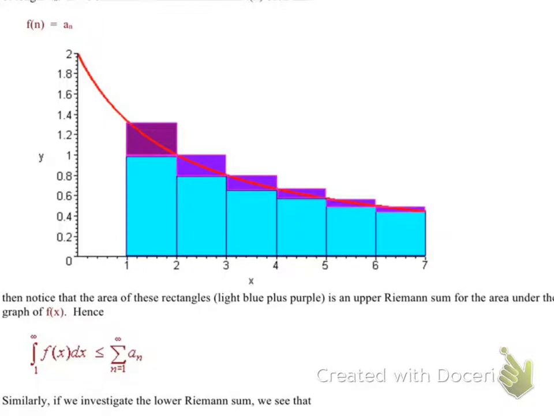Therefore, the integral from 1 to infinity of f of x dx is less than or equal to the sum, or the upper Riemann sum, of a sub n.